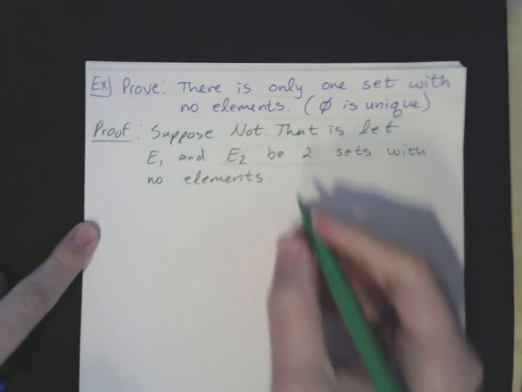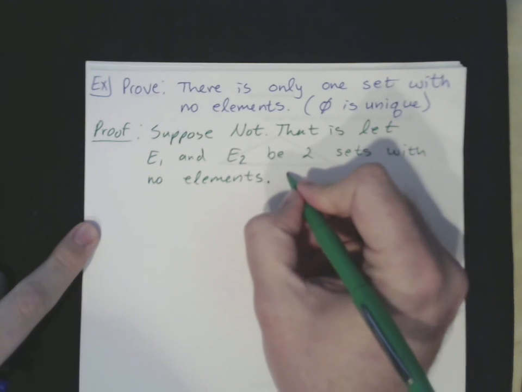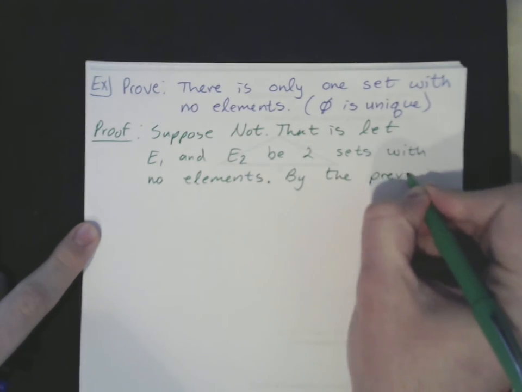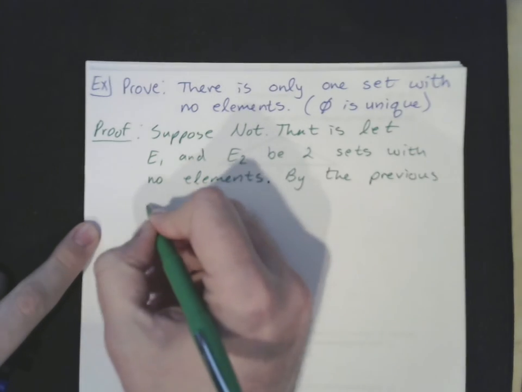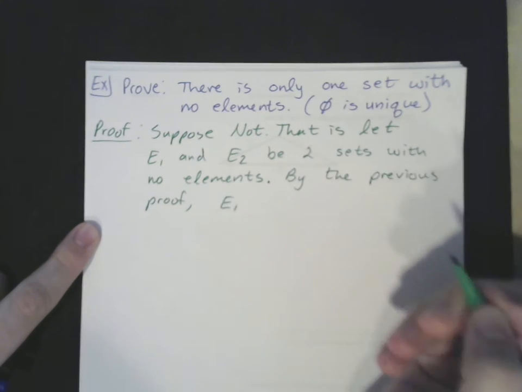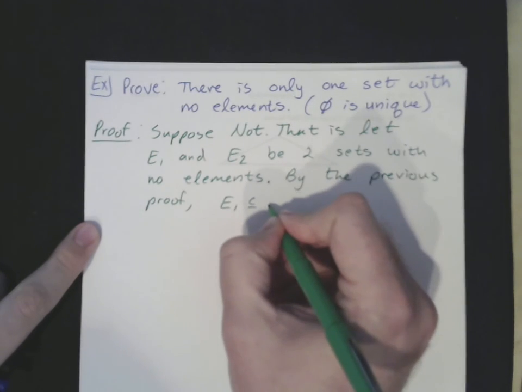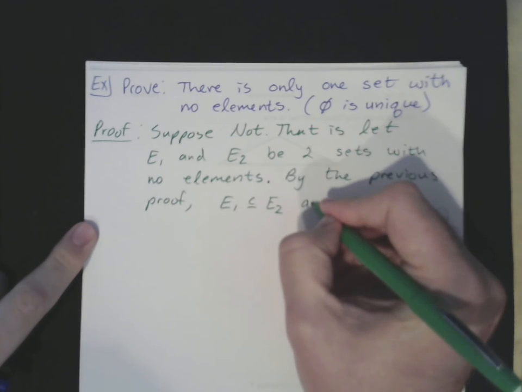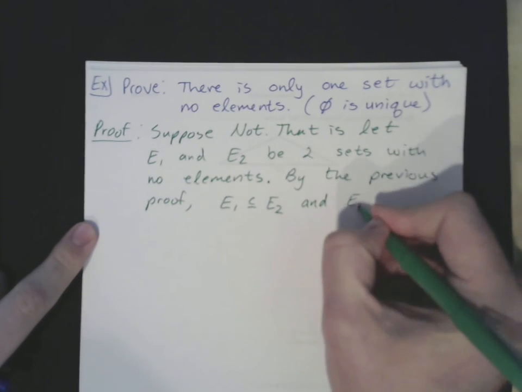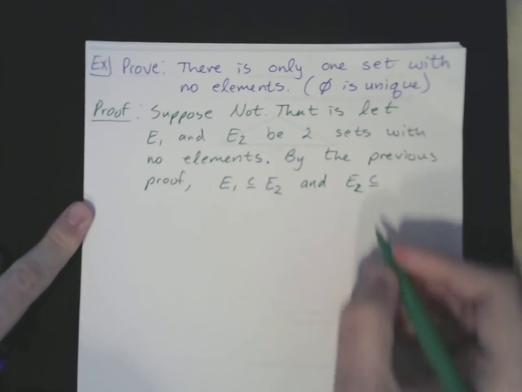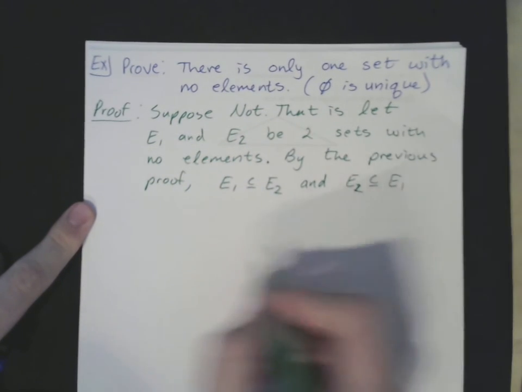So, by the previous proof, we know that E1, which is empty, will be a subset of every other set, including E2, and E2 will be a subset of every set, including E1.